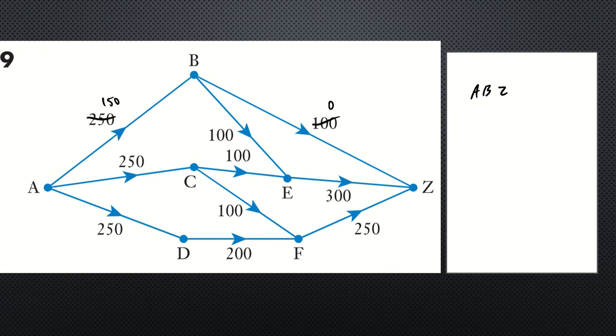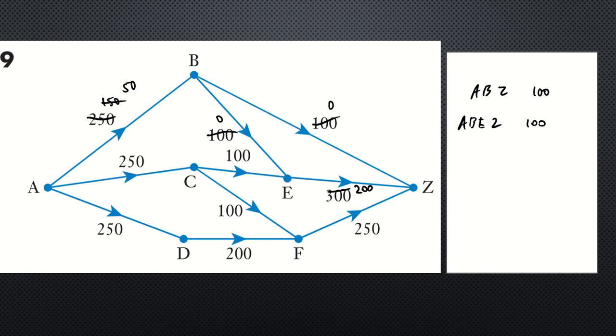That's going to become 150, and I had 100 units. Next, I might go A to B to E to Z. So we can fit 150 there, 100 there, but only about 300 there. So clearly the lowest value there was 100, so we can only fit 100 units in there. That's going to become 50, and that's going to become 200, and we fit 100 in there as well.